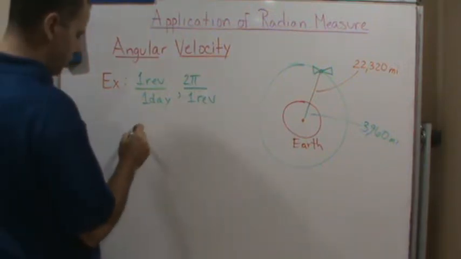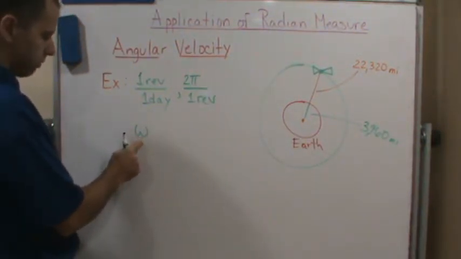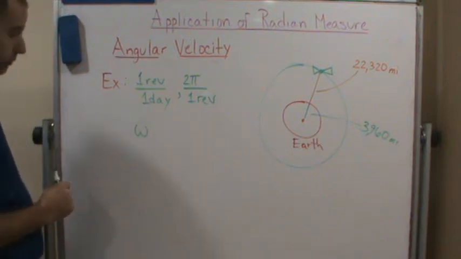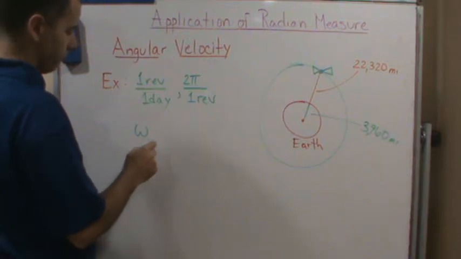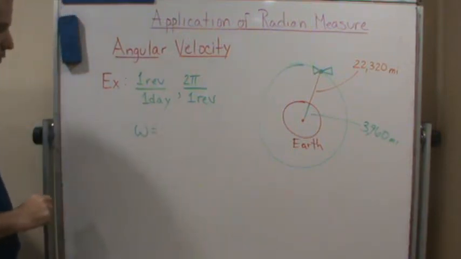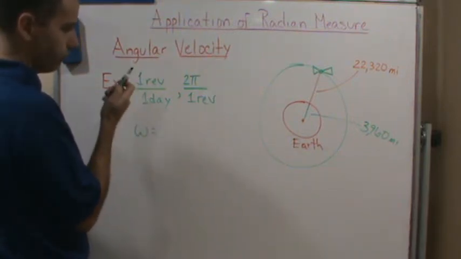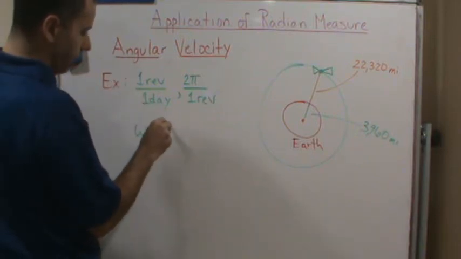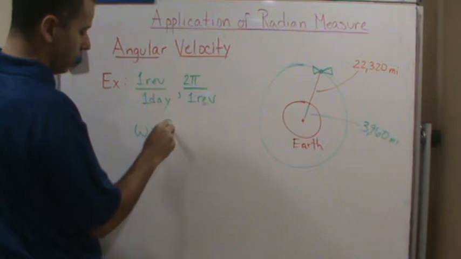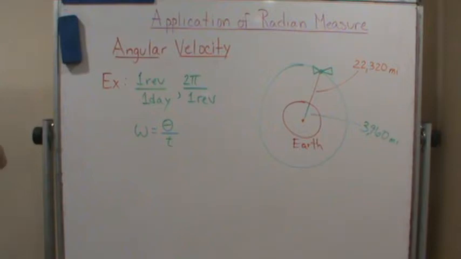And we also know that the angular velocity is equal to what? Theta over t, right?